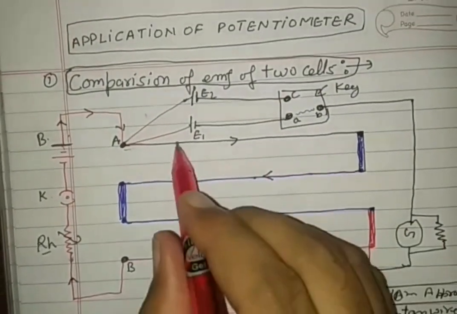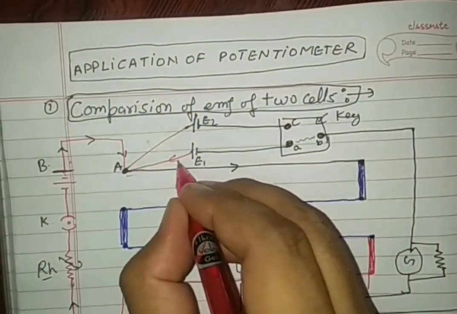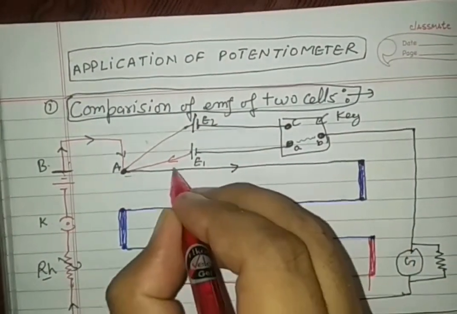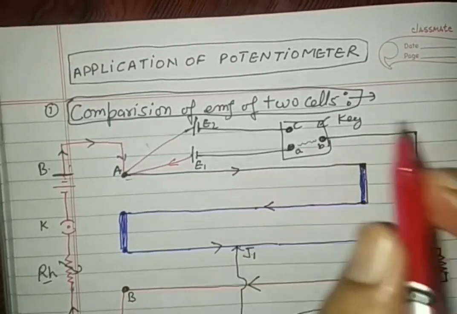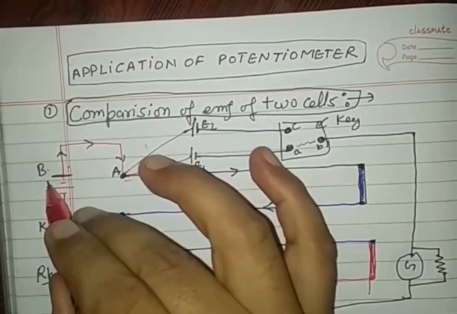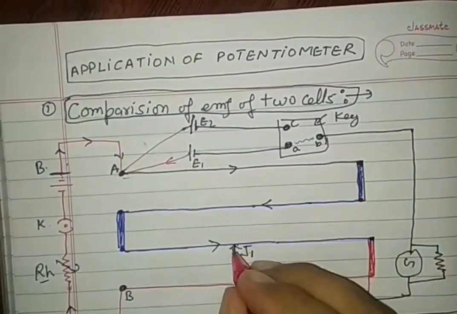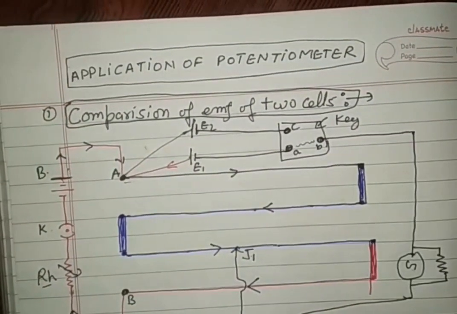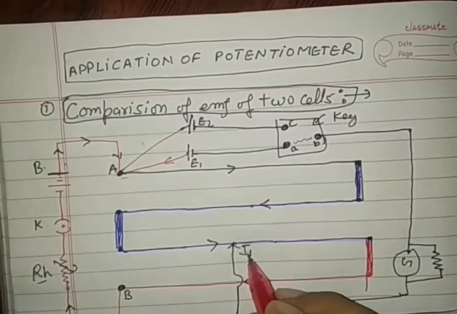Now when we oppose two EMFs through it, a current will flow which will oppose the potential of the battery. In that condition, a stage is reached where both potentials are equal and opposite, and the null point is obtained.